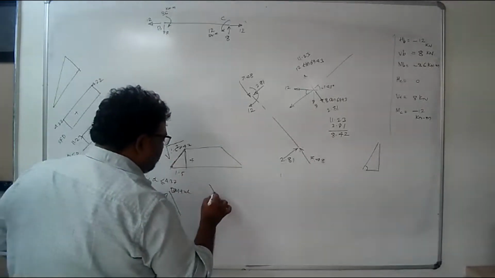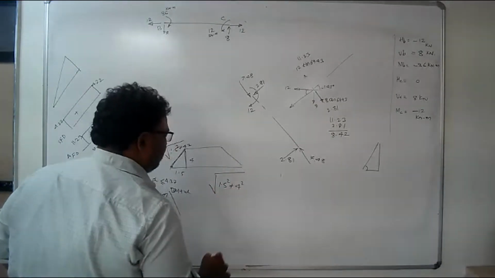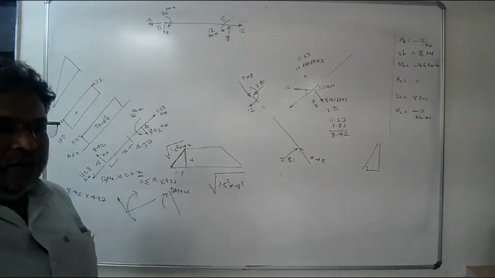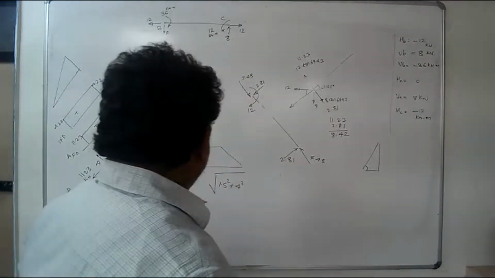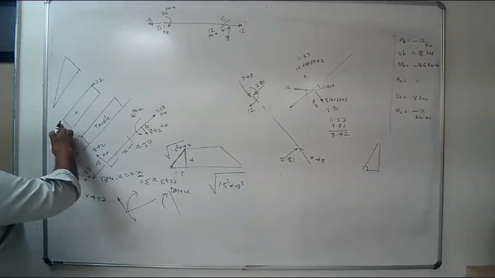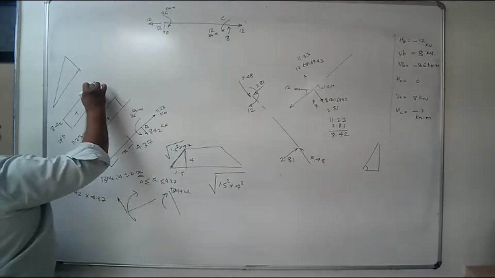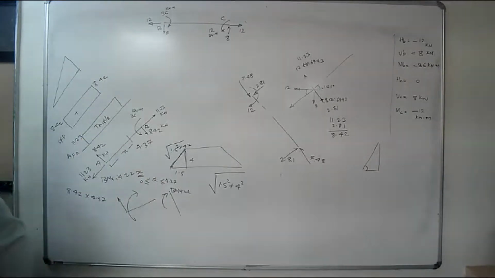ये मुझे बताइए, ये भी मुझे डाउट है। 1.5 स्क्वायर प्लस 4 स्क्वायर कितना आ रहा है? So now it will be 8.42. तो यहाँ पर शेयर फोर्स आ जाएगा 8.42. This will again be 8.42. How much this length is?